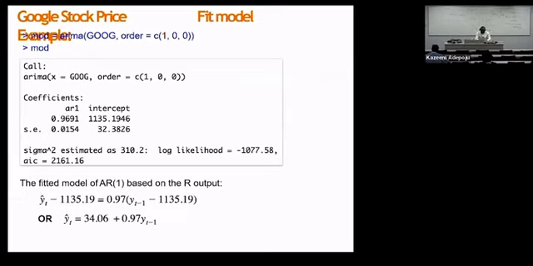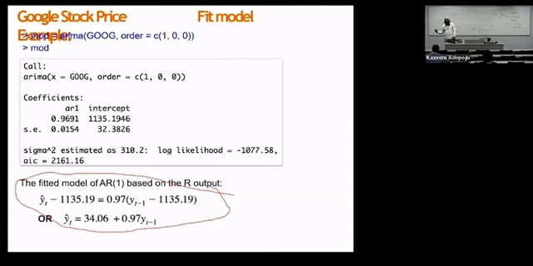This guy here now is the fitted model. You know the estimate of the intercept, that's 1135.1945. You know how we plugged that in the other time, and the AR1 coefficient is 0.9691. That is our fitted model. Now we are building a model for Google price.